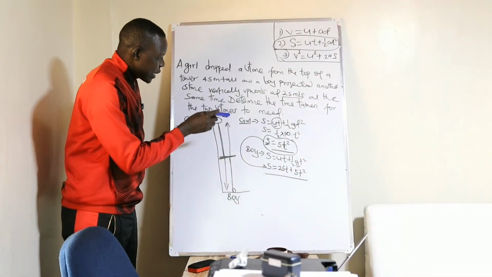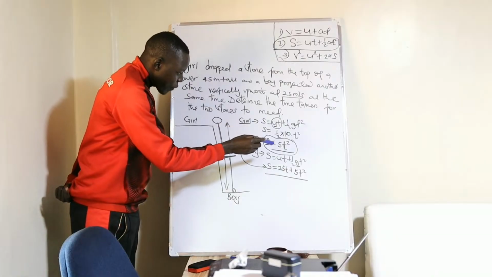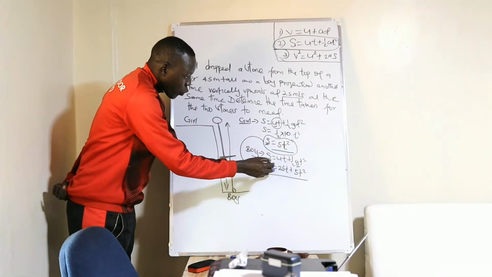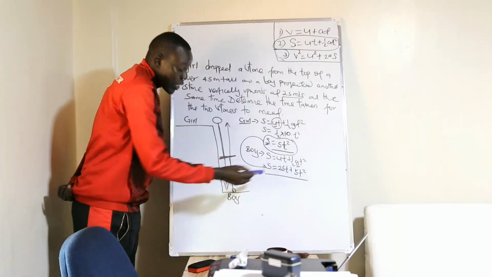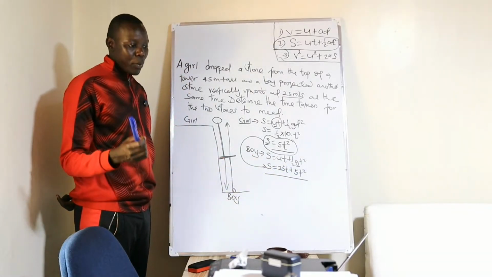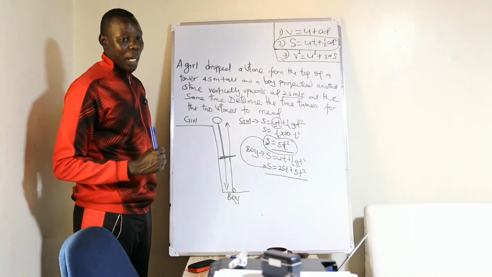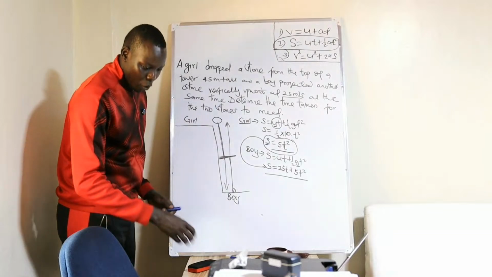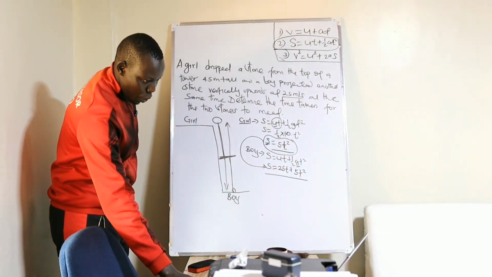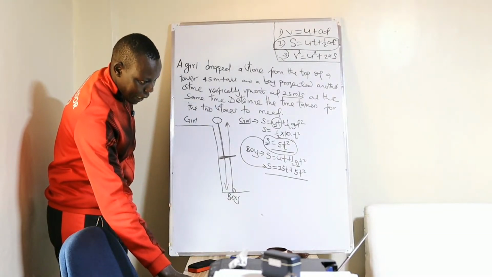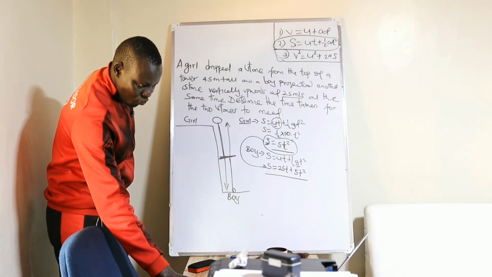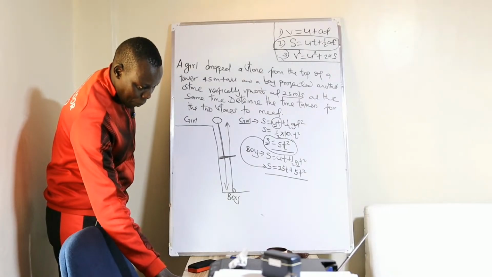So you will get the t when you substitute where we have S, you place 5t squared. And of course, 5t squared and 5t squared are going to cancel each other. If you calculate, then you tell me, as I'm looking for another question to add on top of this. But most of the questions I'm seeing here, we have actually done them. But kuna ingine ya helicopter hapa, hii ni mrefu, maybe tutafanya next time.